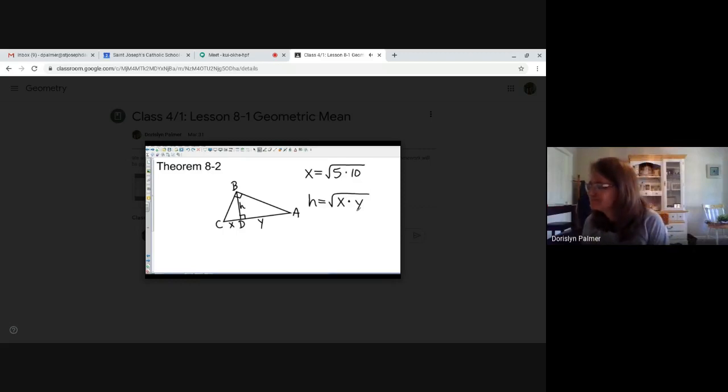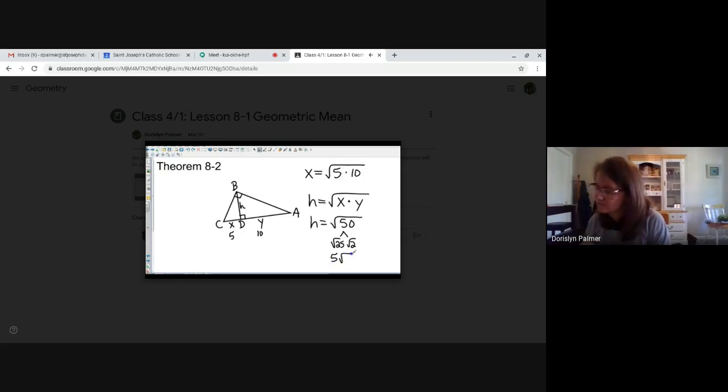Just using the example we did before, actually we did 5 times 20, but I'm going to do 5 times 10. If that was 5 and that was 10, and they wanted you to find the altitude, then the altitude is equal to the square root of 50. We know that that's going to break down into the square root of 25 times the square root of 2.